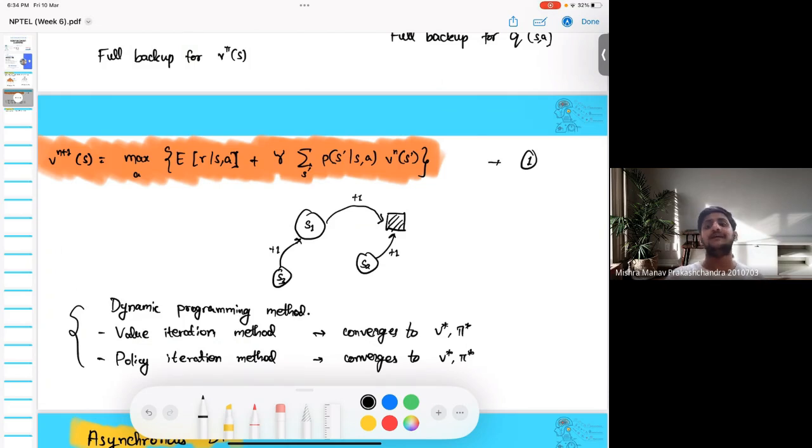Now, later on, if I want to update states S2, S3, and S4, I'll continue to use the older Vn values for them, but for state S1, because it has been updated, I'll use Vn plus 1 of S1. Similarly, if I update S2, all the previous states before that will use the new value update, and all the states that come after use the old value. So this is an in-place operation.